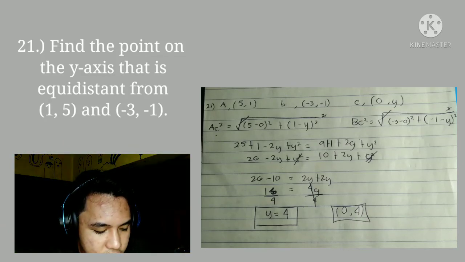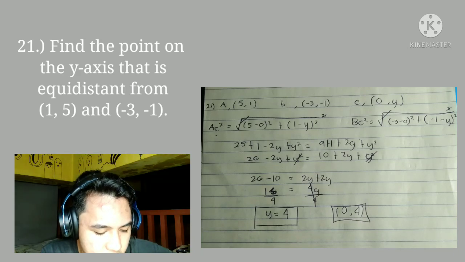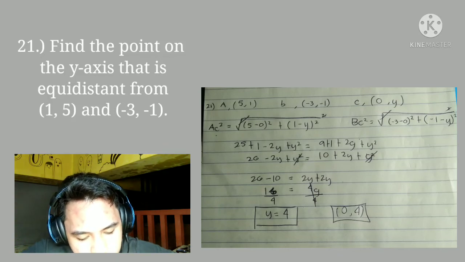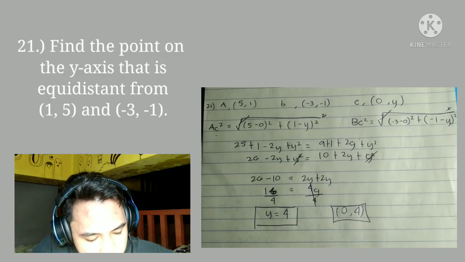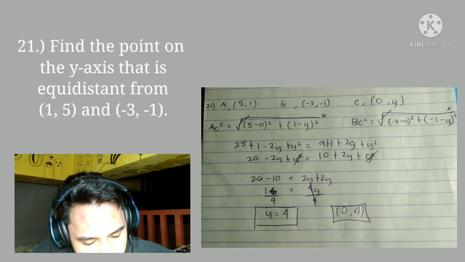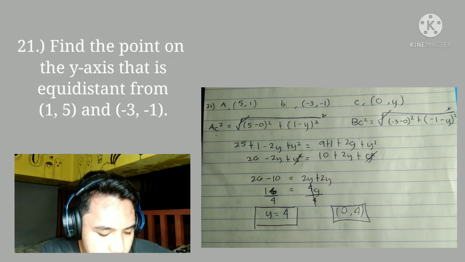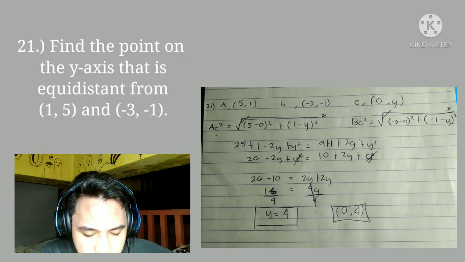So we have here the formula: ac squared equals the square root of (5 minus 0) squared plus (1 minus y) squared. So we square both sides so we can cancel out the square root. So we have now 25 plus 1 minus 2y plus y squared.